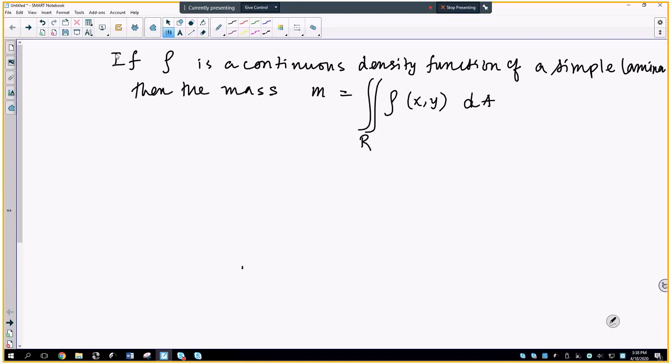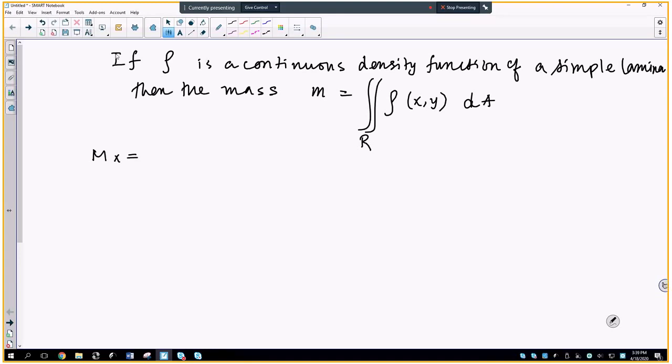So the region R here is actually the surface area of the lamina, of which you are interested in finding the mass. Once you have found the mass of this lamina, you can go ahead and start talking about the center of mass. In order to know the center of mass, we still do several variable integration.